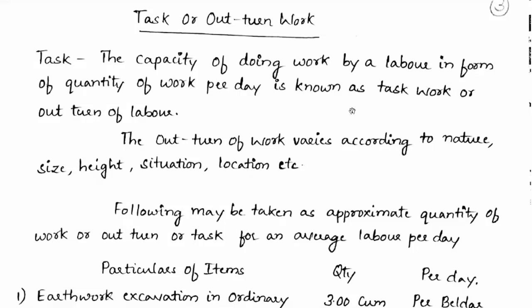So, for example, if you take one laborer in one day, for example 7 hours or 8 hours, right? In 8 hours, how much work can he do? That we call task or outturn of work. It will vary depending upon the situation, location and so on.